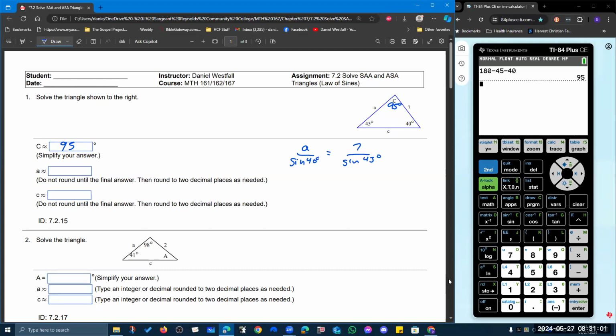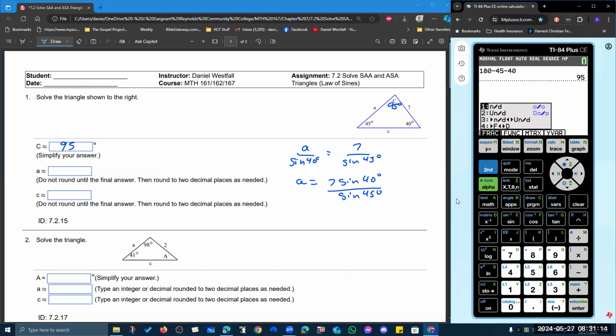So little a is going to be 7 times sine of 40 degrees over sine of 45 degrees. So 7 sine of 40 degrees. I'm in degree mode in my calculator. Make sure you are too. Divided by sine of 45 degrees. And we're going to round to 2 decimal places.